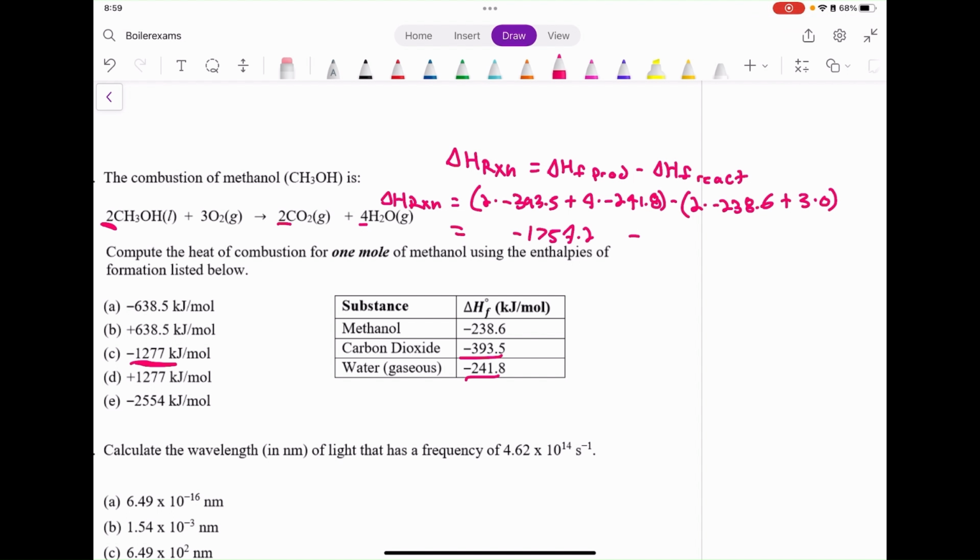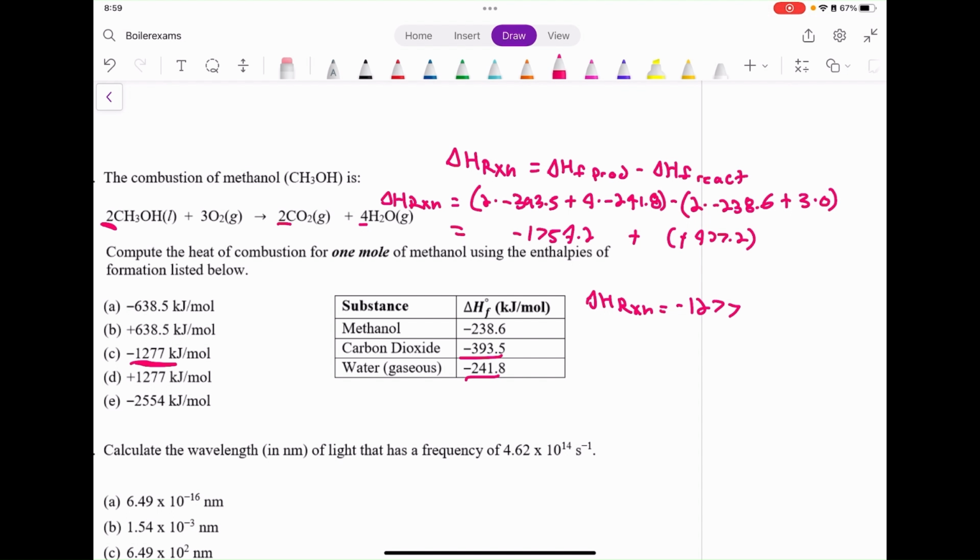The reactants are going to be 2 times negative 238.6. Those become plus, so negative 1754.2 plus 477, you get delta H of reaction, so delta H equals negative 1277.